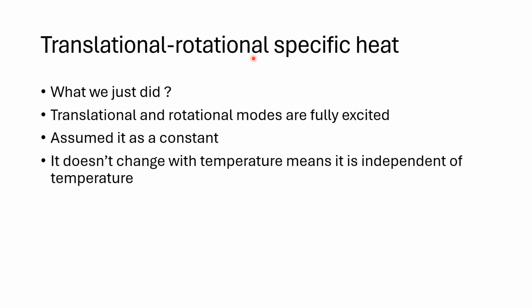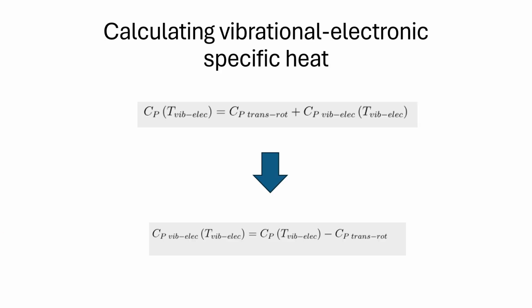So now we have the translational rotational specific heat. Now how do we derive the vibrational electronic specific heat? Let's move on to calculate the vibrational electronic specific heat. I want to calculate Cp vibrational electronic. If I know the Cp at a temperature, what would it be?